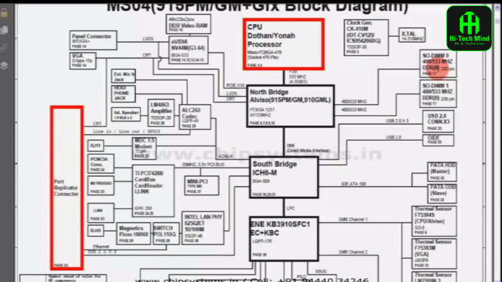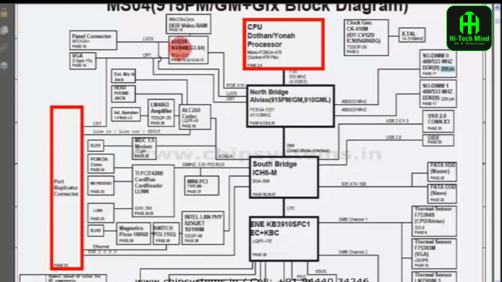DDR2 RAM of 400 to 533 MHz is represented, and it is connected through the Northbridge. There are 200 pins in the DDR2 RAM. After that, the NVIDIA chip is connected on the left side of the Northbridge.